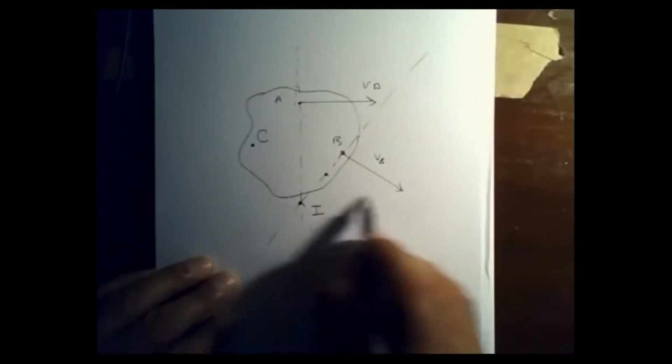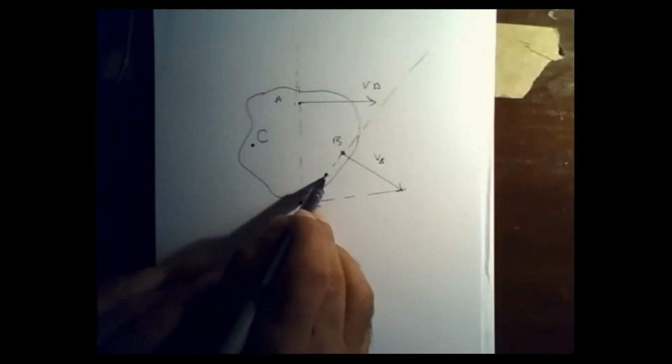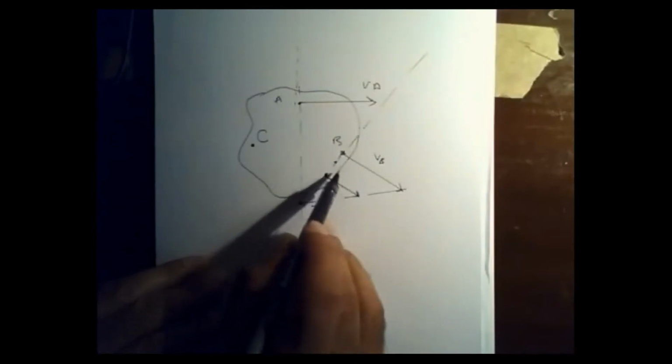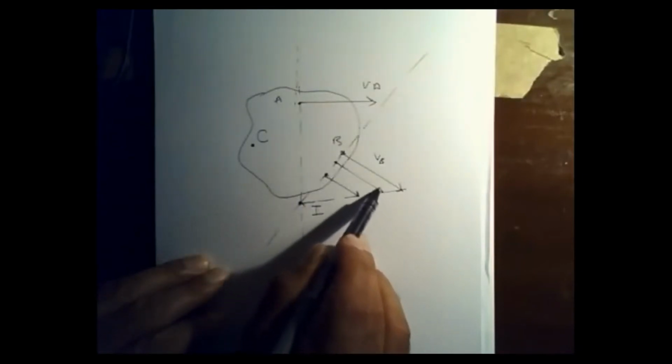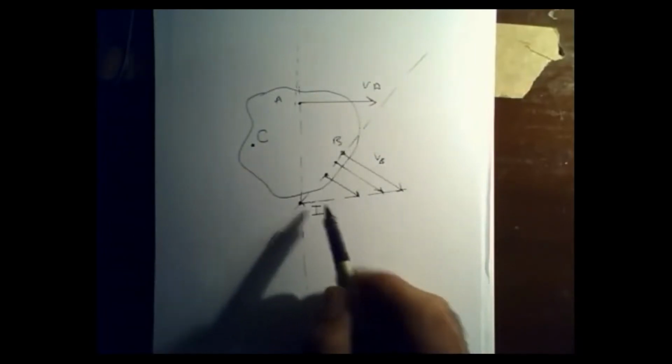So I'm going to draw something, and the velocity at this point is going to look like that, right? You agree? And the velocity of this point is going to look like this. This is basically profiling the motion. Why?